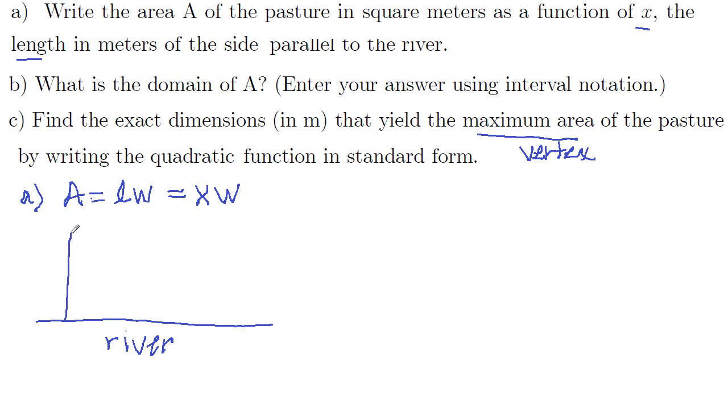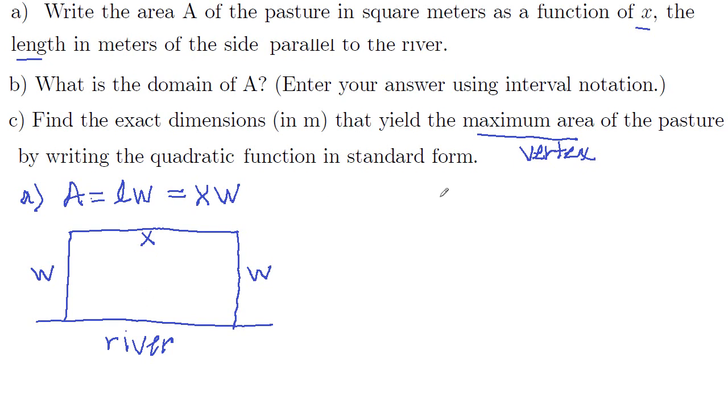And then we are fencing in like this. So our length is x, and then our width here. So we have 400 meters of fencing. So the fencing is going to be a width, an x, and another width. There's no fencing here along the river. So maybe erase that x.